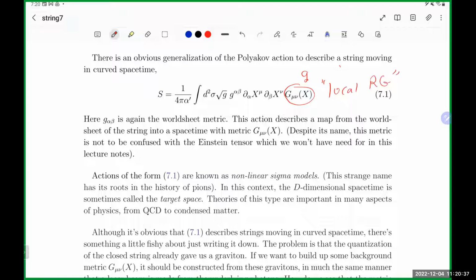Because my coupling in the 2D interacting field theory depends on X in target space. X are coordinates in the target space, but in the field theory sense they are fields, and the couplings depend on X, and X's depend on Z. So it's local RG in that sense, versus what we just explained, which is just RG, not local RG. So that's another complication.